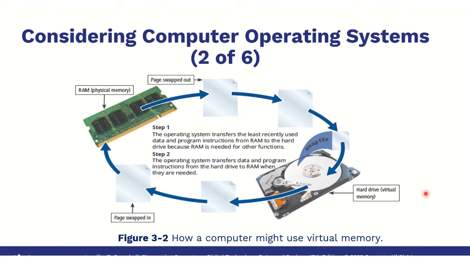Now, the motherboard is basically a circuit board inside the computer that contains the microprocessor, computer memory, and all other internal devices. When you start up an application on your computer, the application's instructions are transferred from the hard drive to random access memory, or RAM.